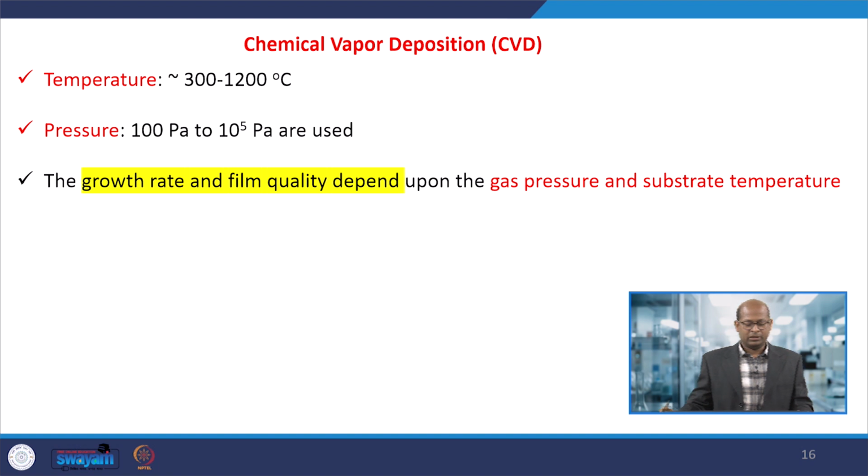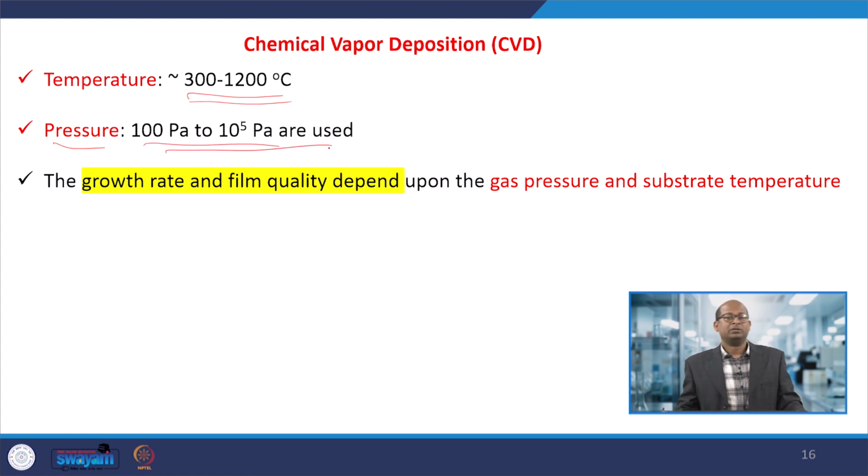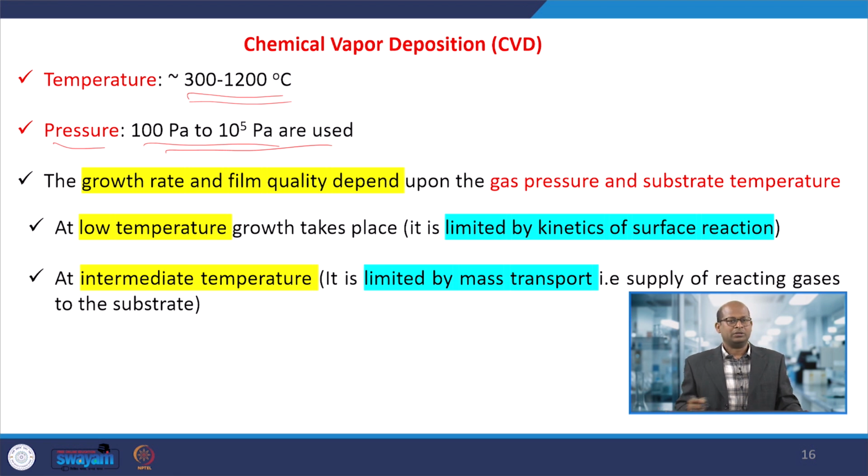Here the temperature range may be 300 to 1200. Any temperature can be used or maintained depending upon our study, and pressures we can maintain in these ranges depending upon our applications.